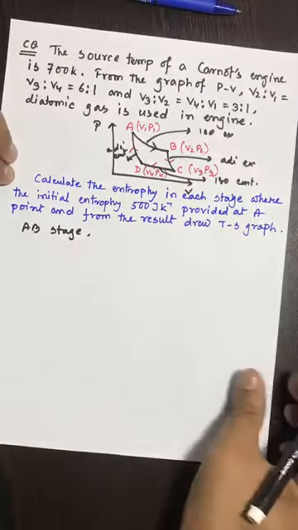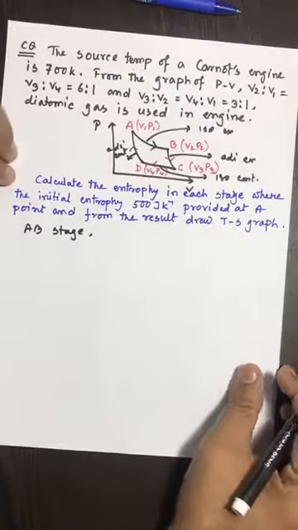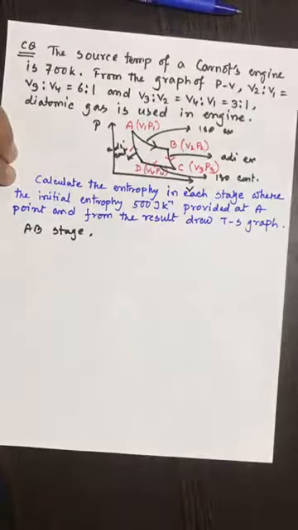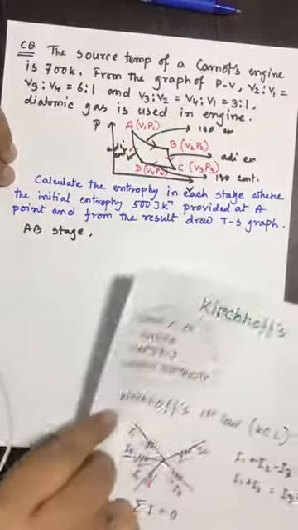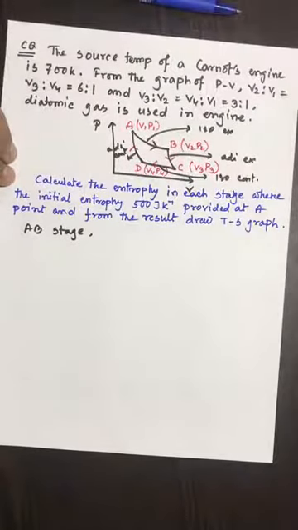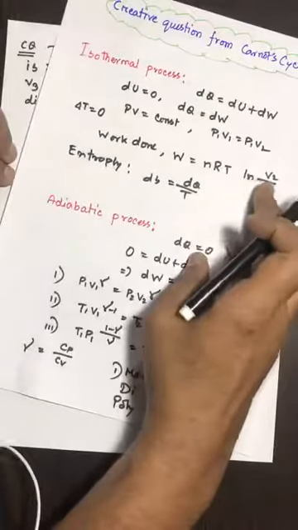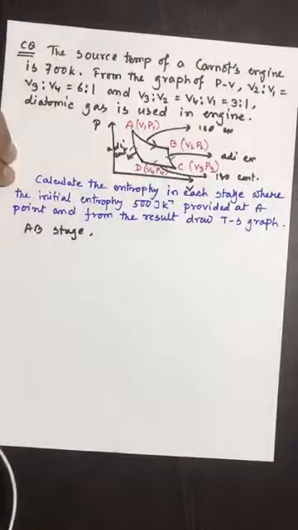We know the isothermal formula from the previous sections: work done W equals nRT ln V2 by V1. This is the isothermal expansion in this case.